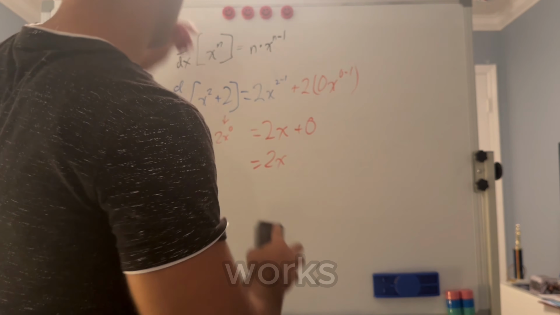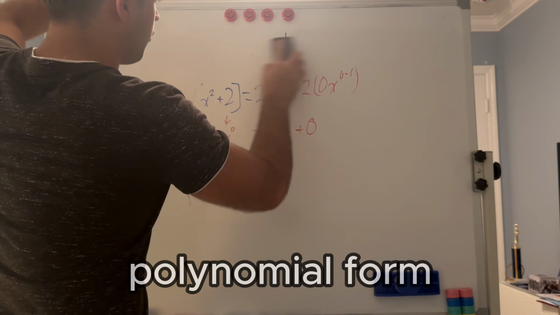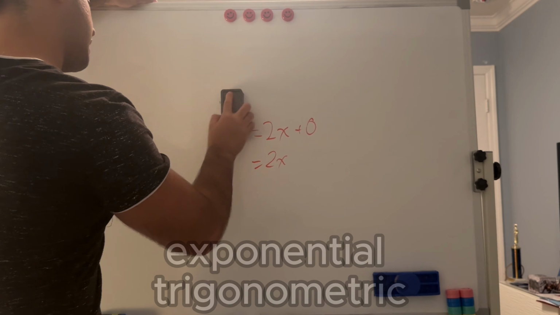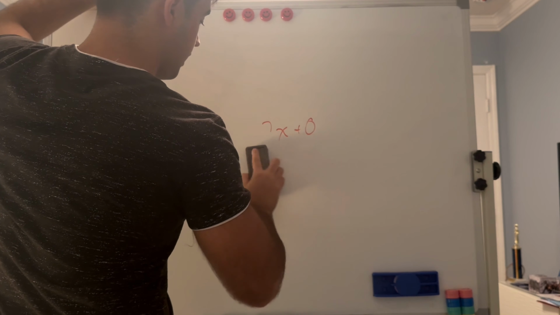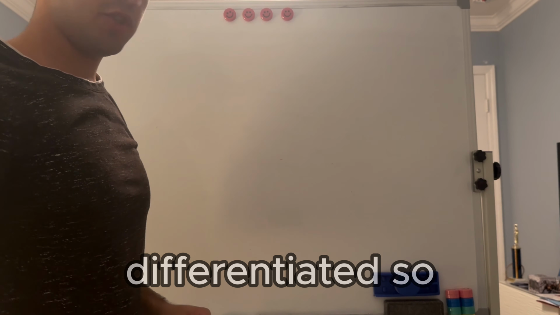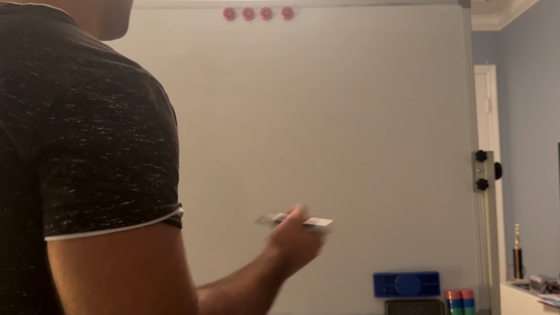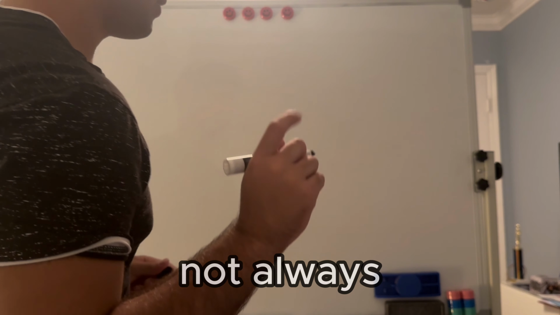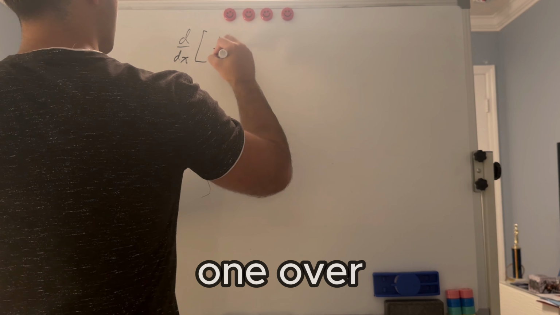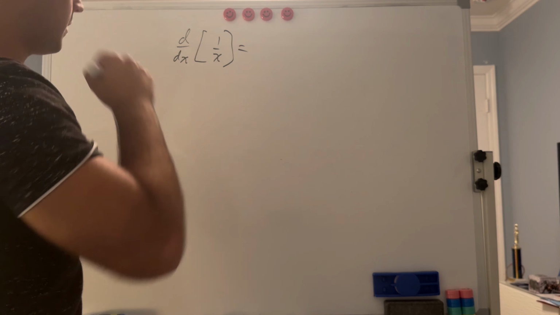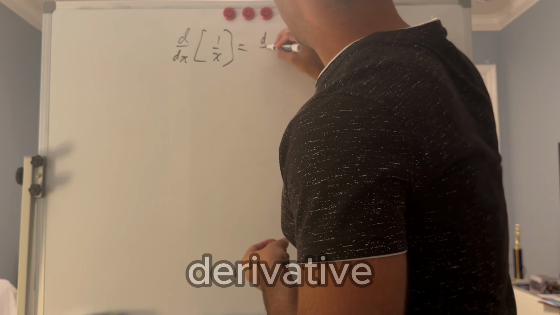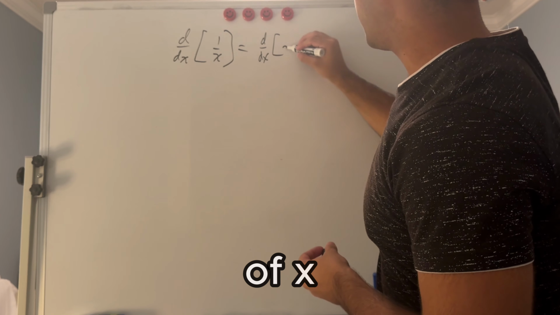The power rule only works for functions written in polynomial form, meaning that radical, exponential, trigonometric, and logarithmic functions cannot be differentiated so easily. But that's not always the case. If we have the derivative of 1 over x, we can rewrite this as the derivative of x to the negative 1.